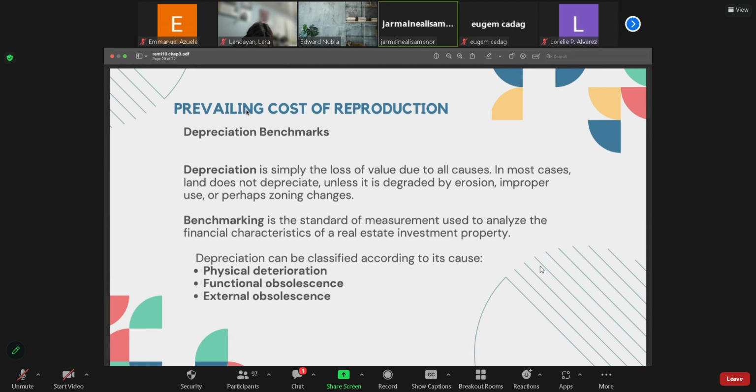Examples are properties near a garbage dump or noise pollution. Typically, properties become less desirable when they are located near traffic areas.